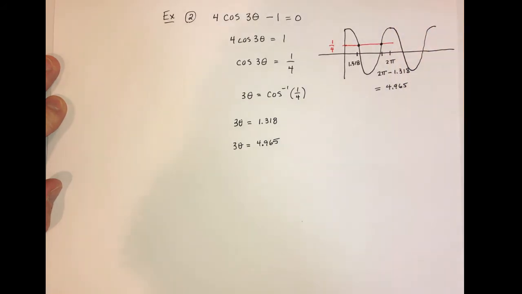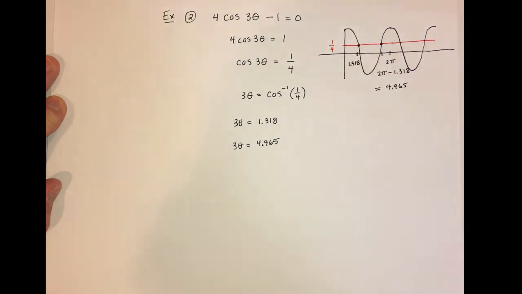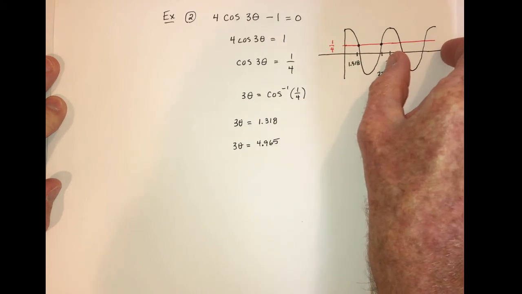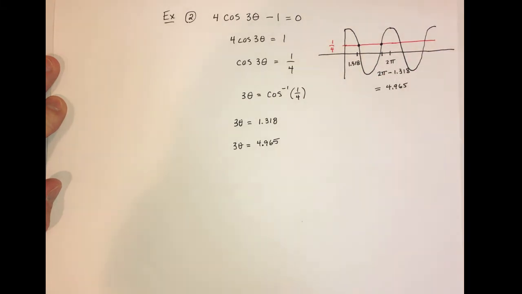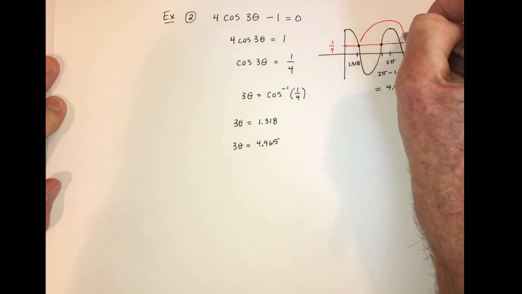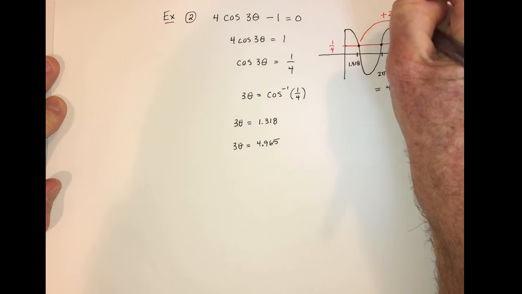So if you draw a cosine one more time, then this will give us 2 more solutions. And so by taking this and adding it on and making another copy, that means we just added on 2 pi. So to get from this answer to the next answer, you add 2 pi.